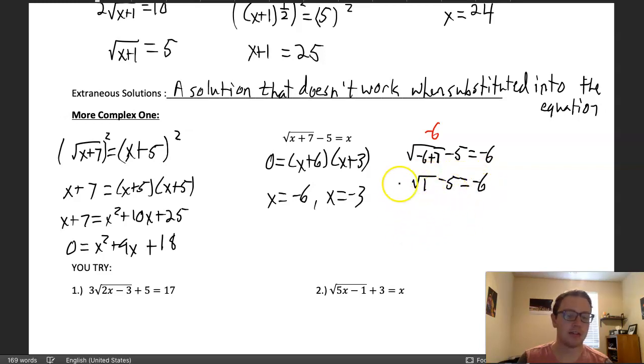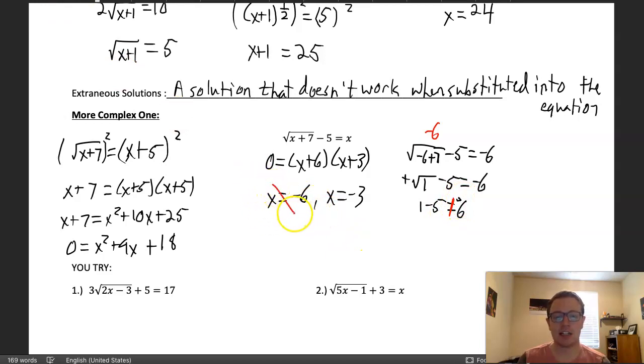And we're only dealing with the positive root here. We don't have a negative. So this is just plus 1, not minus 1. That says 1 minus 5 is equal to negative 6. Now this is very much not true. That would be negative 4 and not negative 6. So that's not true.